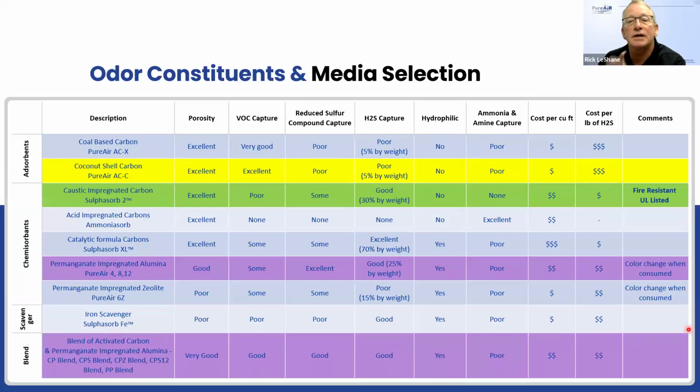Again, we can see here we have our chemisorb medias, where there's a chemical reaction that changes the properties of the gases and the odors. For example, Sulfazorb uses a catalyst to hold H2S molecules in the pores of the carbon.